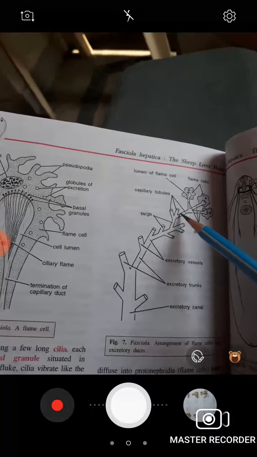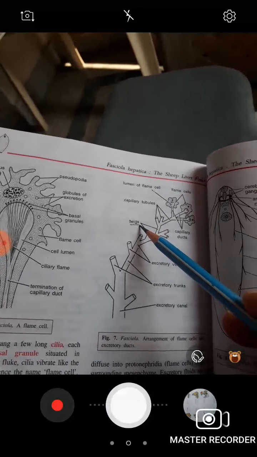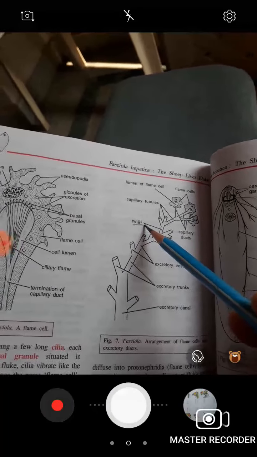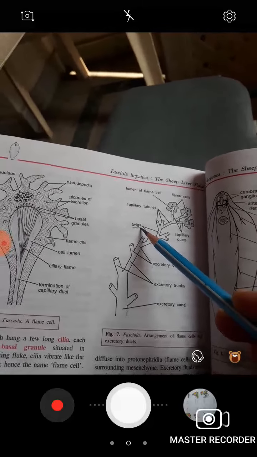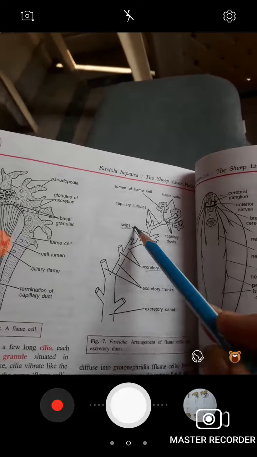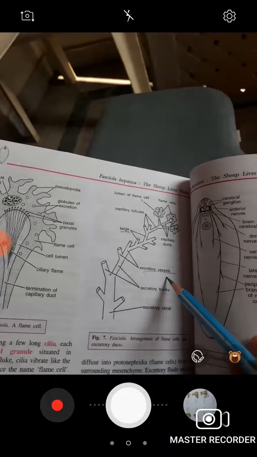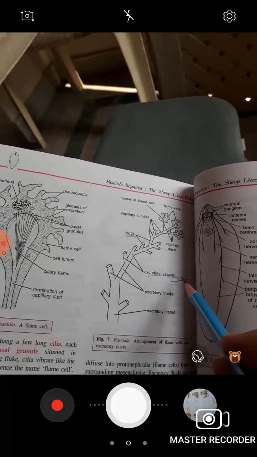The twigs in turn open into the excretory vesicles, and these excretory vesicles of the anterior part of the body open into the four trunks.